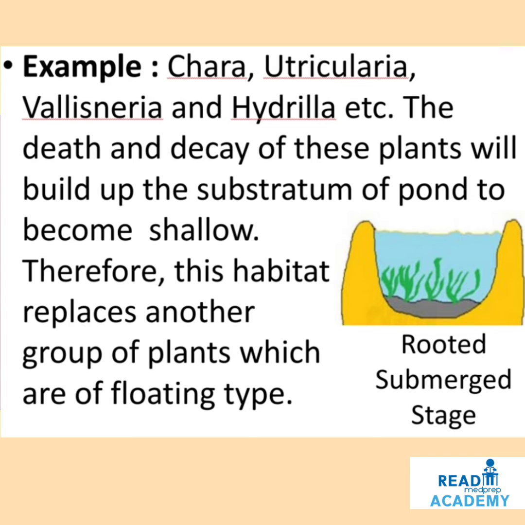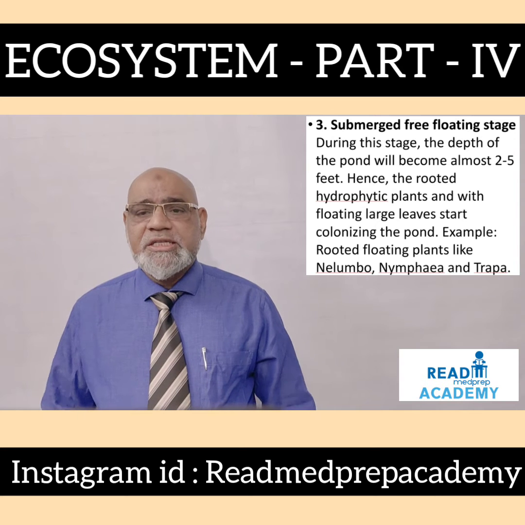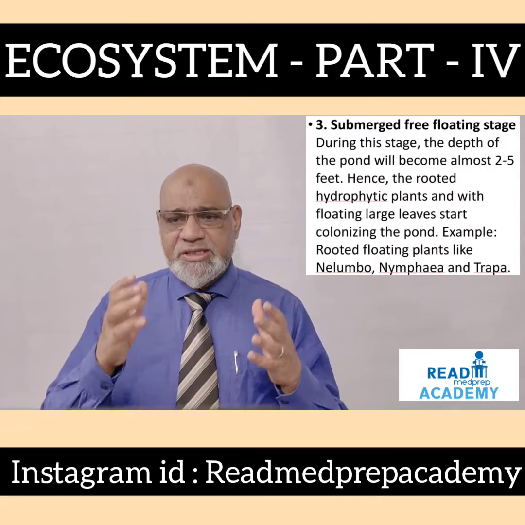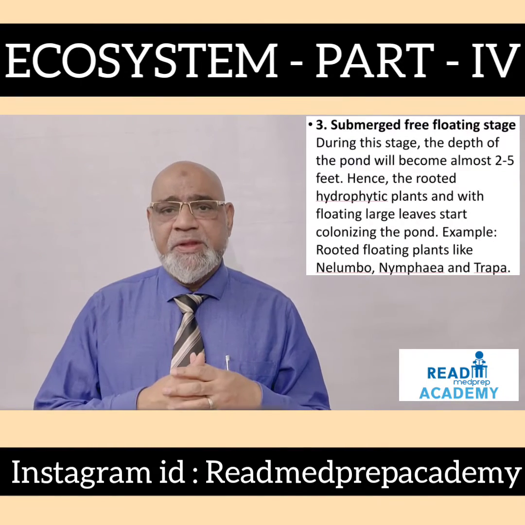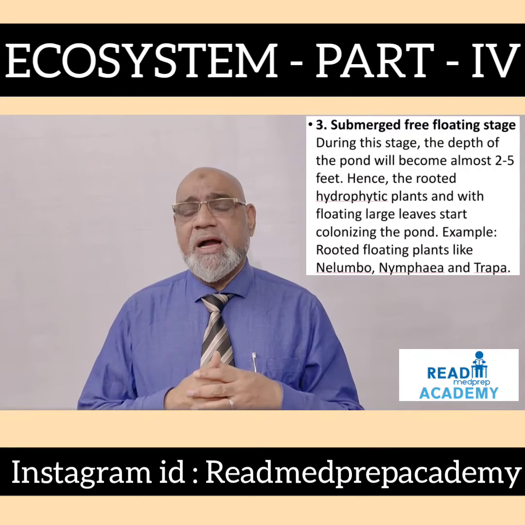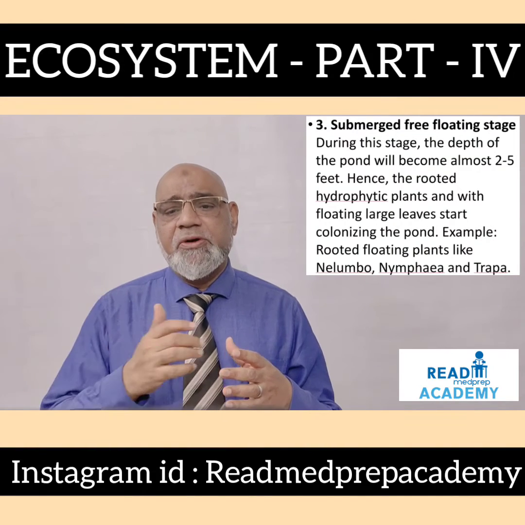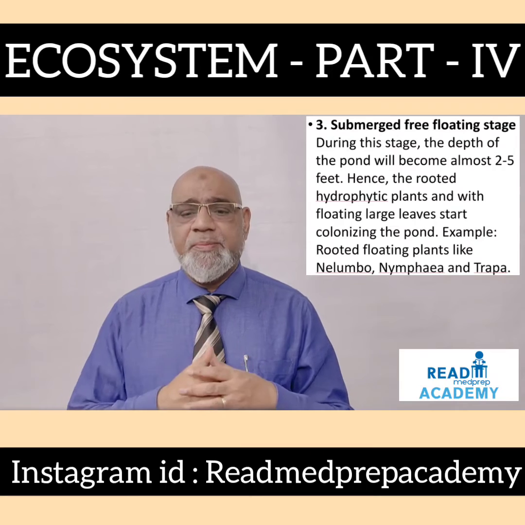Here in this image, you can see the rooted submerged stage where the plants grow from the mud at the base of the pond. Submerged free floating stage. During this stage, the depth of the pond will become almost 2 to 5 feet. Hence, the rooted hydrophytic plants with floating large leaves start colonizing the pond.